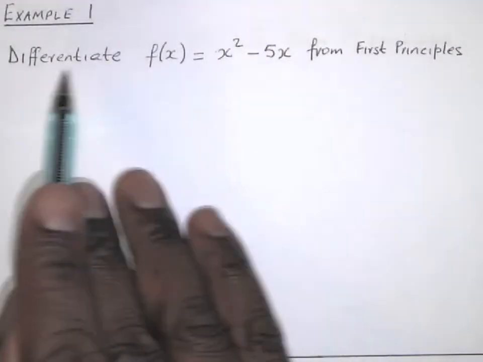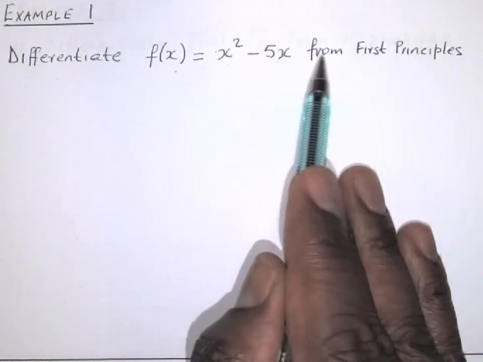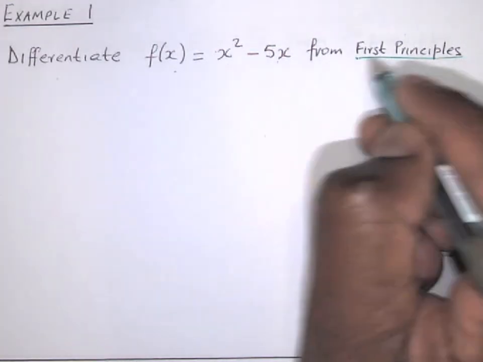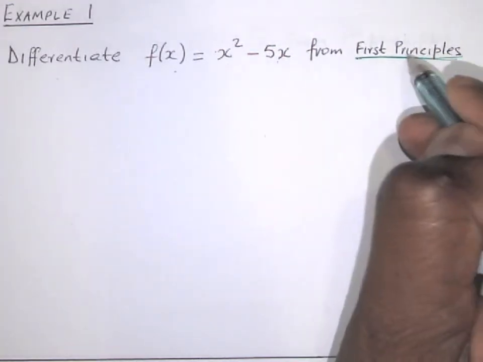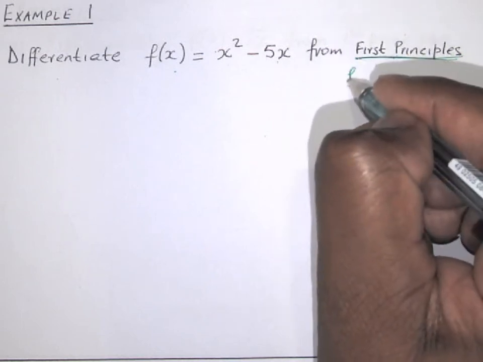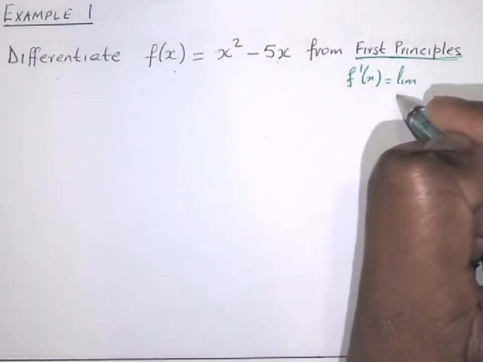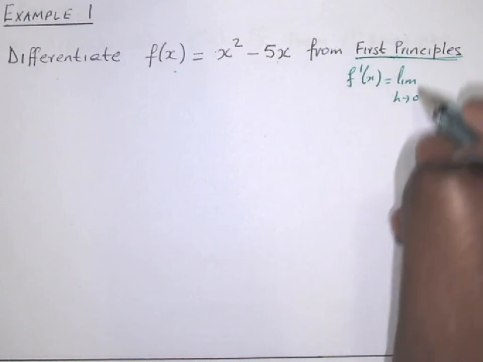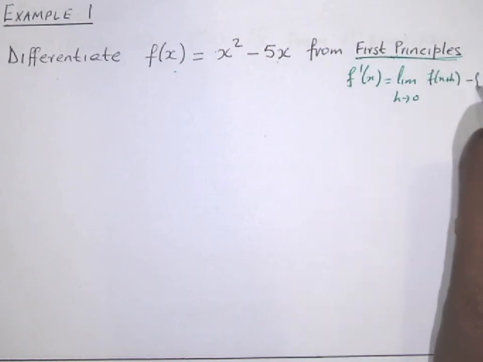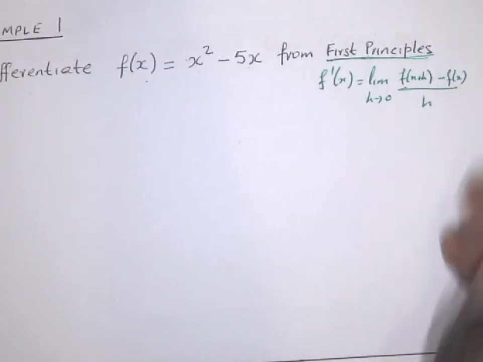Can we differentiate f of x equals x squared minus 5x from first principles? Once they talk about first principles, the important thing is to remember the rule. The rule is f dash of x equals the limit as h approaches 0 of f of x plus h minus f of x all over h.